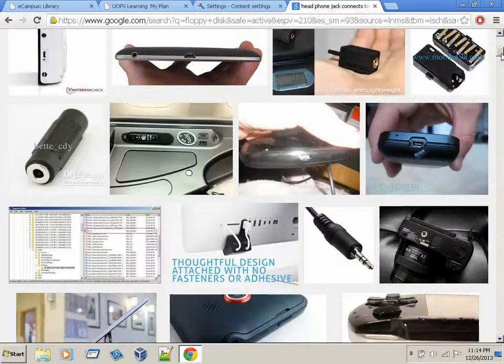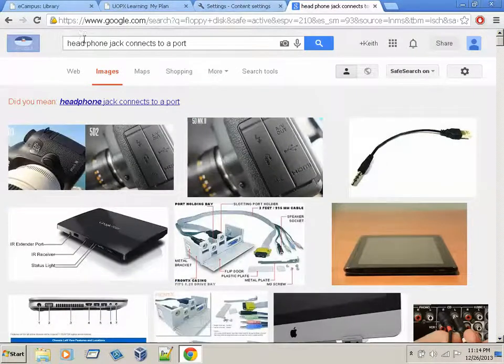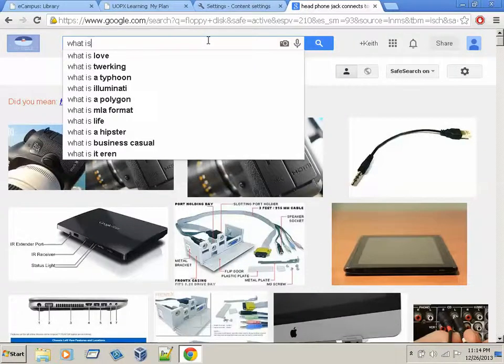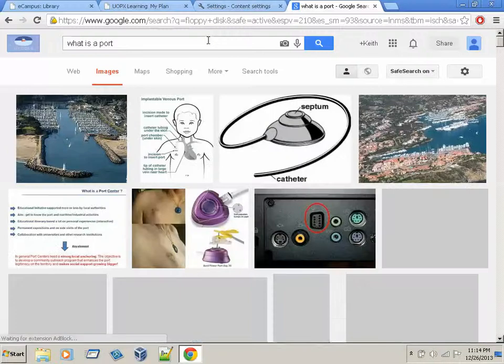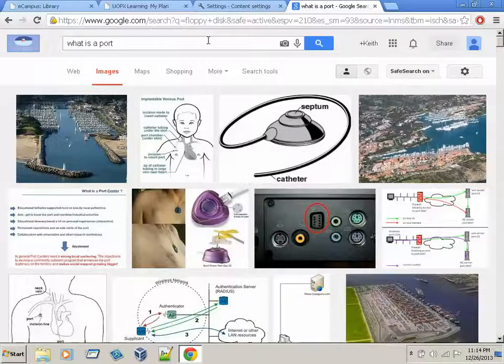Well, what is a port? Maybe it'll show. Lots of different ports, right? Different things, plugs. Is it plug?